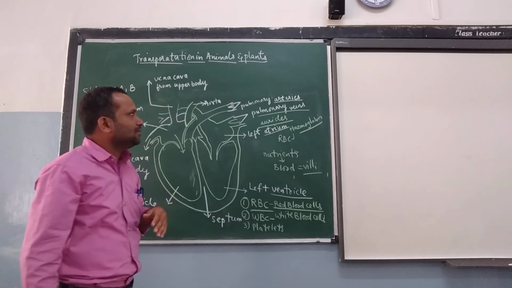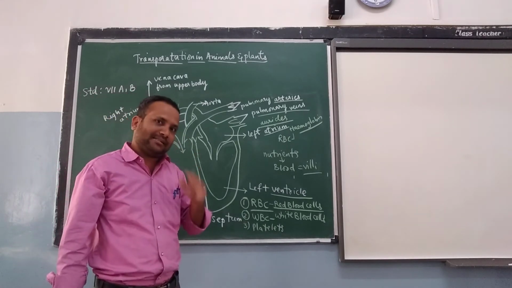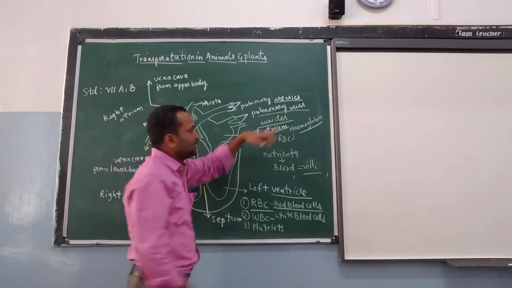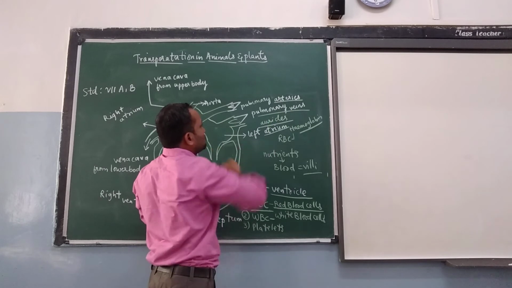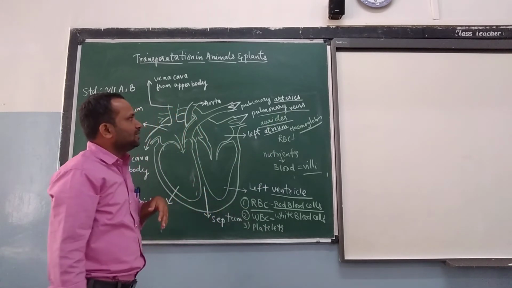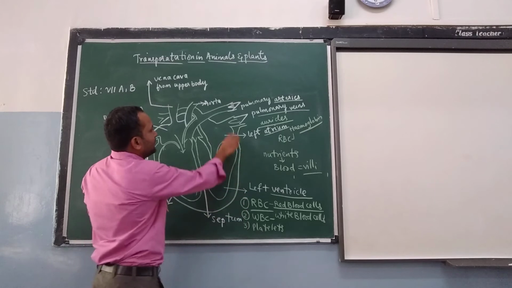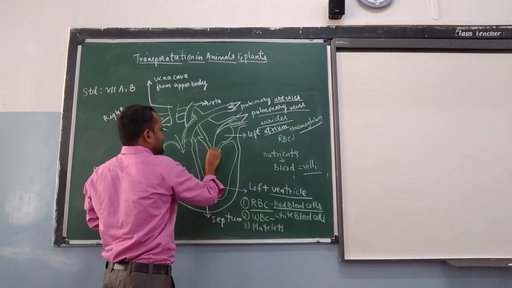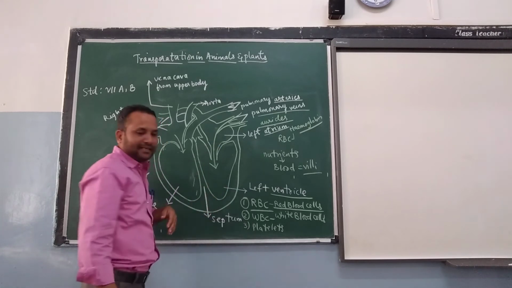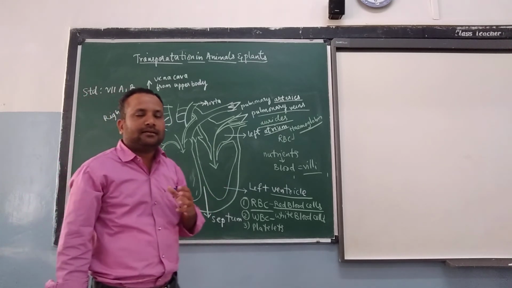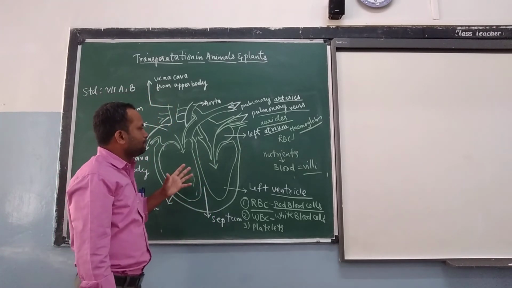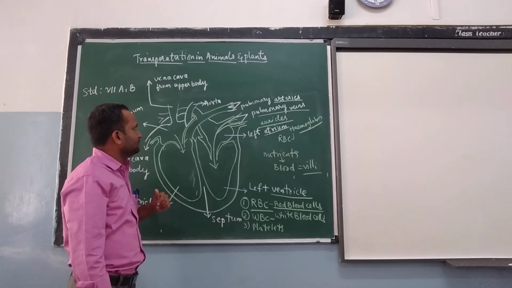Pulmonary means the pipes which are coming from the lungs. So veins, children, they get us the blood.